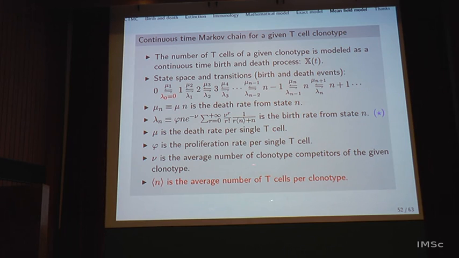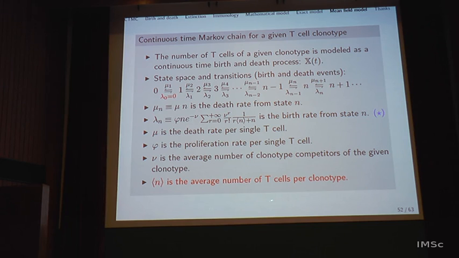Nu is this average number of competitors, the niche, in a way, the resources available and competitors, and N is the average number of cells. And I put N here in red because all these other 3 parameters are really parameters for the given clonotype, whereas N is a parameter that describes the rest of the population independent of the clonotype.